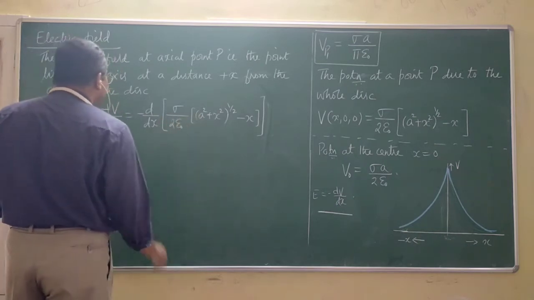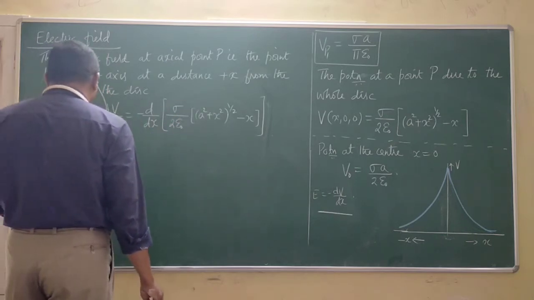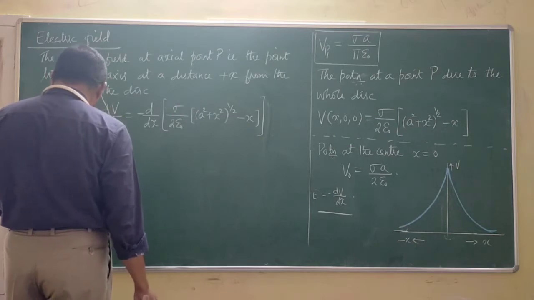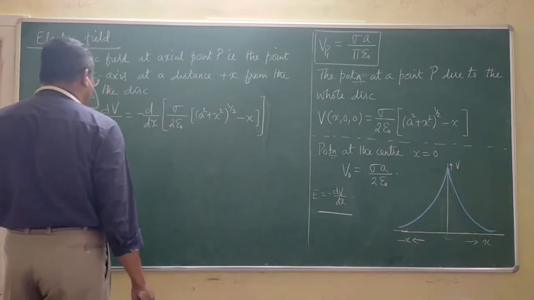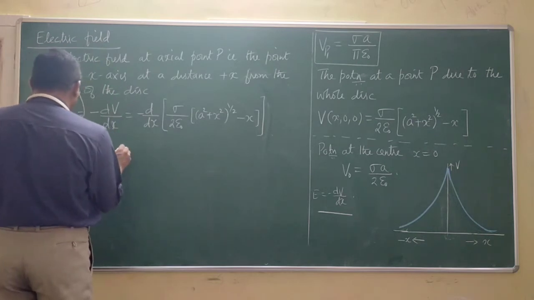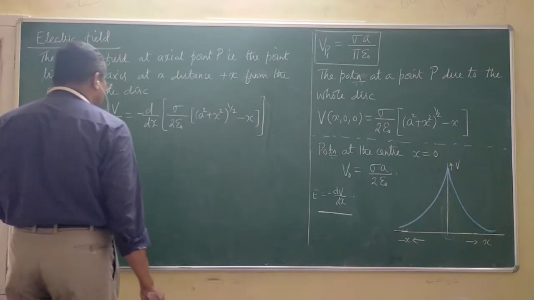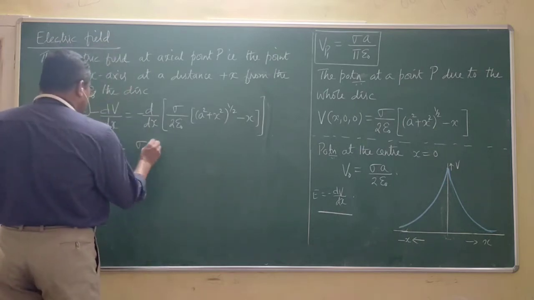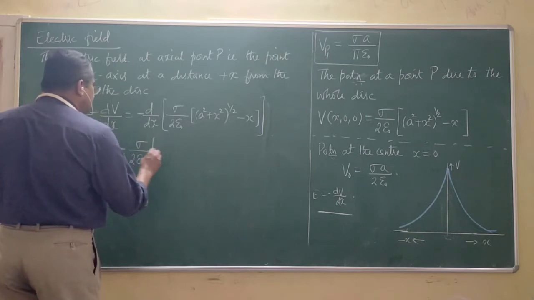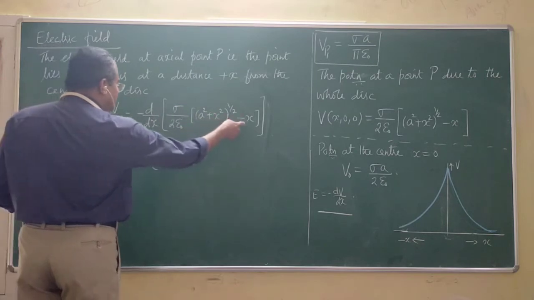Now, let us try to solve this. This minus sign, let me take it inside. Therefore, I will get this like this. If I differentiate this, sigma by 2 epsilon naught constant, minus of minus plus x.